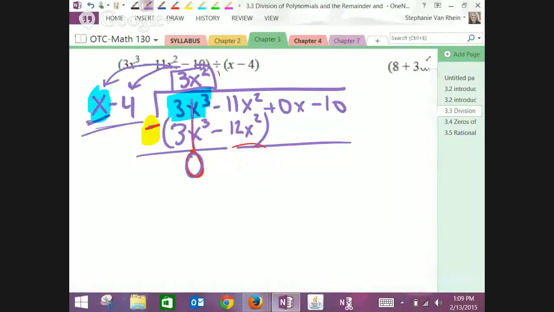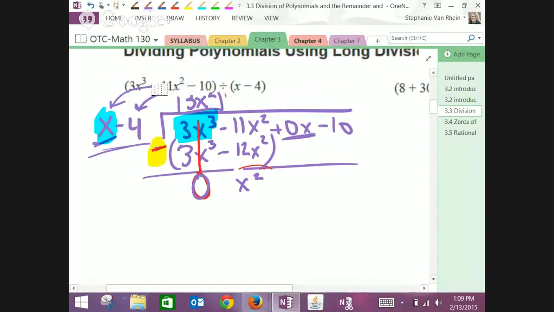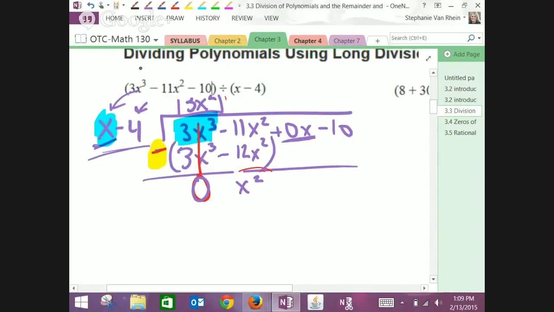Why do you have the 0x minus 10? If I want to write every single term of this polynomial, it's minus 11x squared plus 0x minus 10.